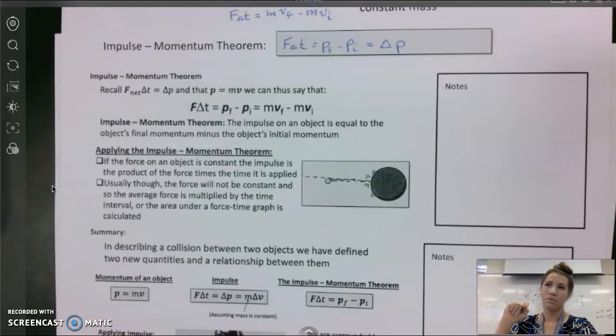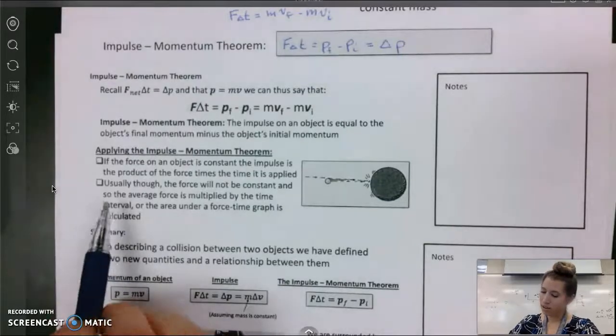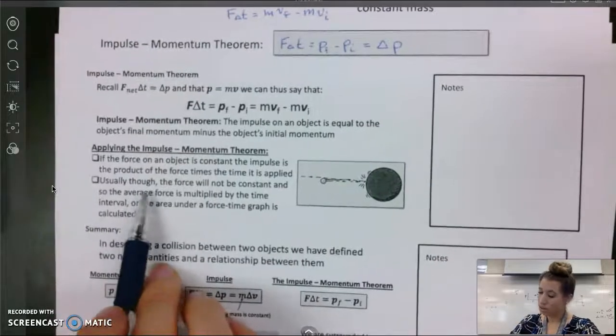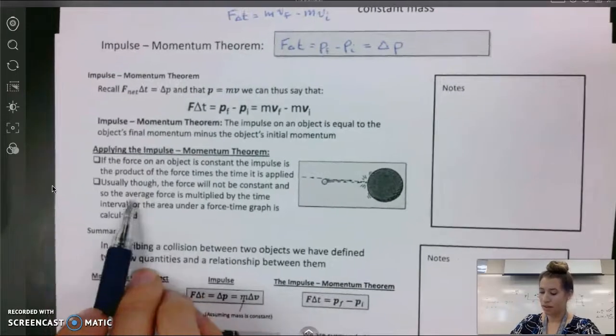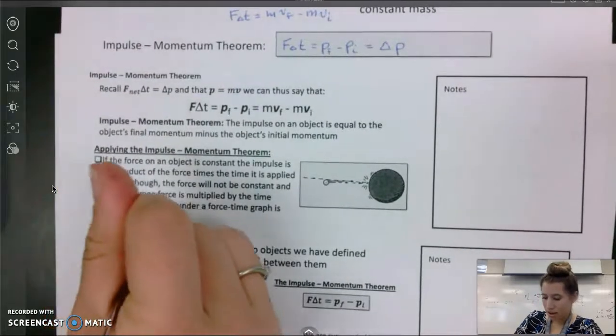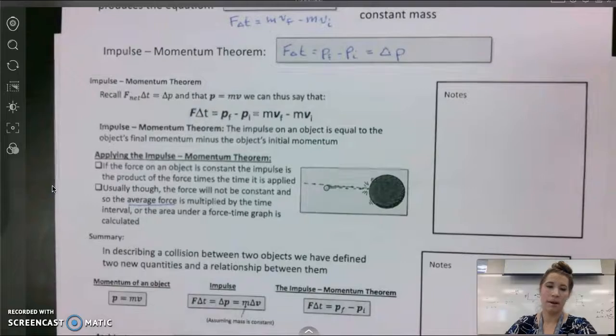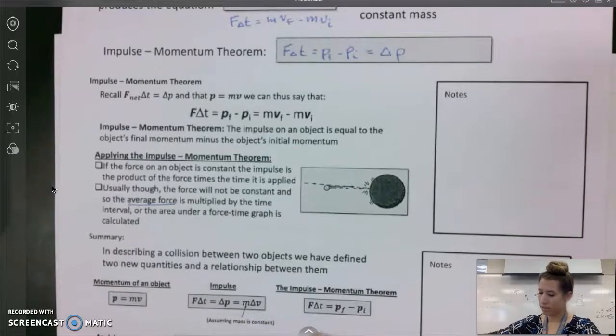So we often create ideal conditions to work with certain items, so keep that in mind. And then the other thing, usually the force will not be constant, and so we tend to use an average force or that net force and multiply that by time. We can also derive impulse from a force versus time graph. We'll look at that in a minute.